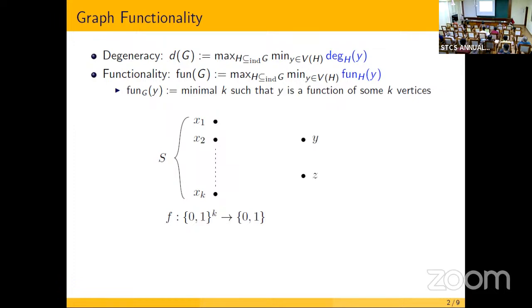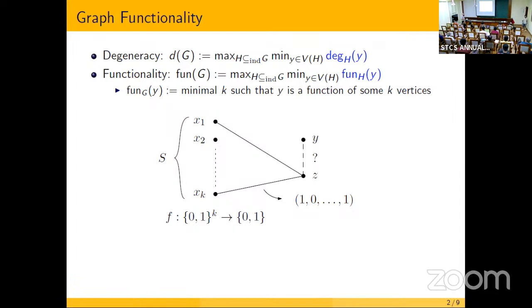So what does it mean? We have another vertex z, and we are interested in whether z is connected to y or not. We check the neighborhood of z in S. Let's say it's connected to x1 and xk and not connected to the other vertices. We represent this as a vector: 1, there is an edge; 0, there is no edge.